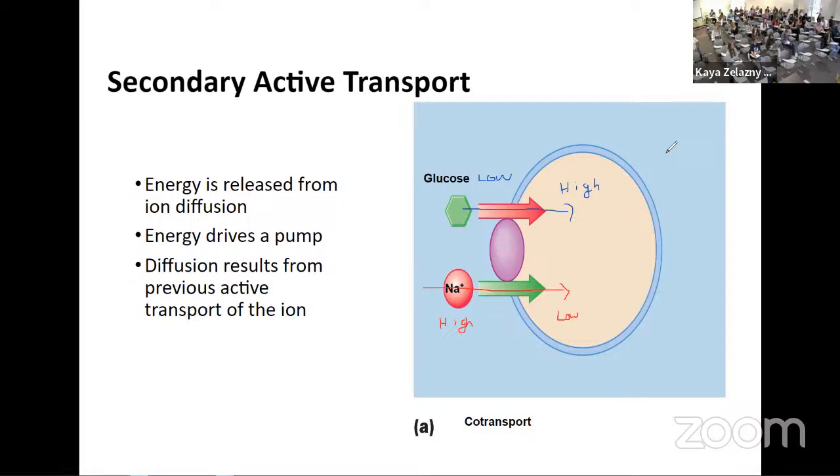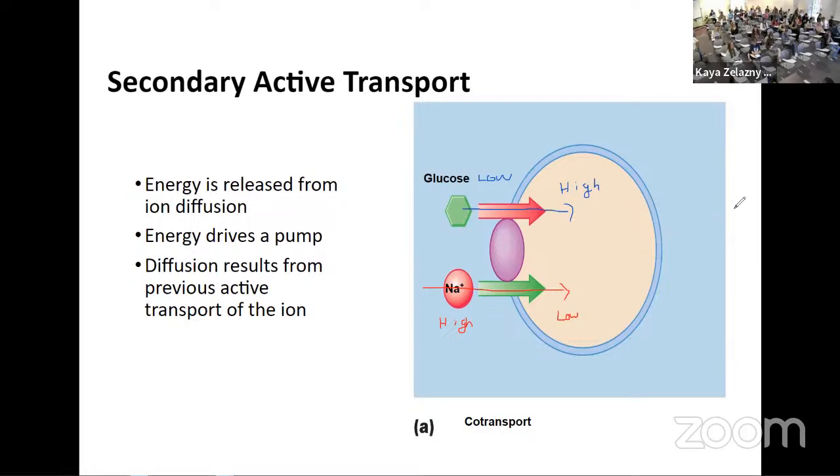And in this case, the source of energy is not directly ATP. The source of energy is that sodium gradient. So you can think of it as sodium kind of grabbing the glucose and pulling it along with it in this case. Okay, so as sodium is going the direction it wants to go, it's pulling glucose with it, even though glucose doesn't really want to go that way on its own.